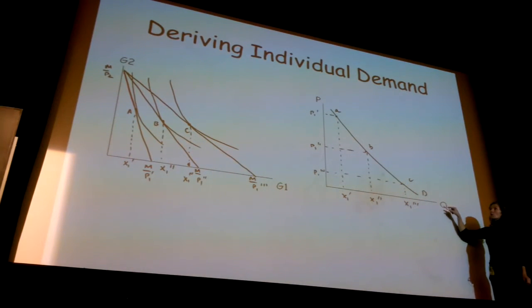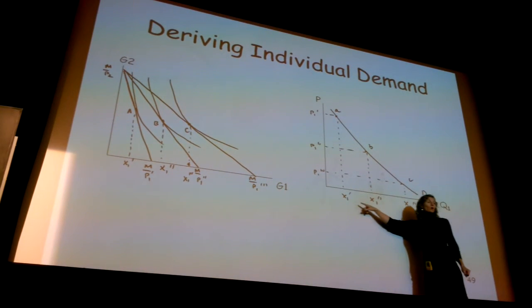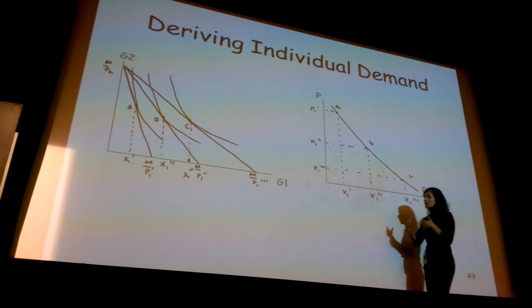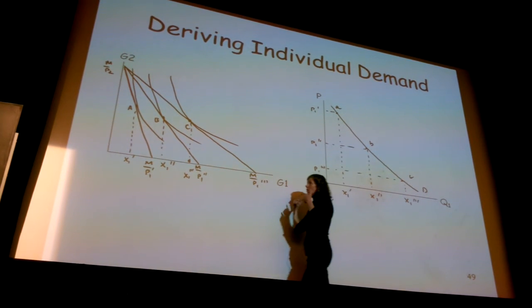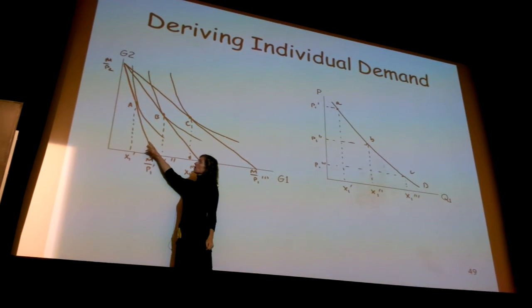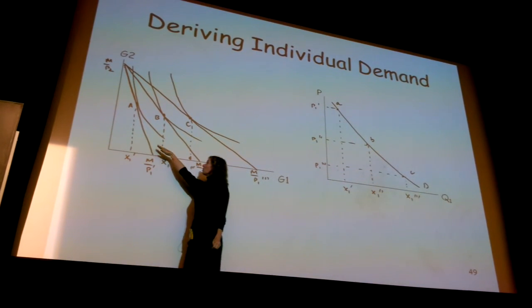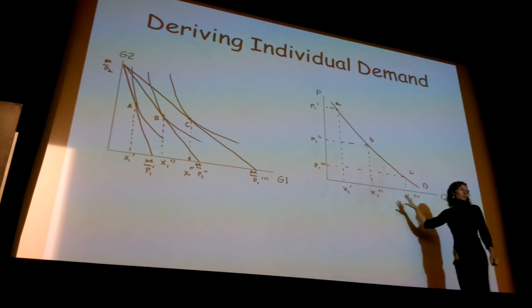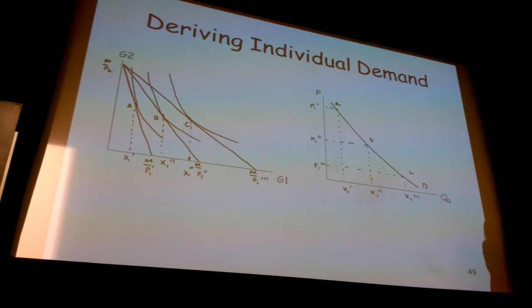This is the demand curve for one single individual. It tells you at different prices what quantity of good one they consume. You can think of this as coming from this model of individual decision making, where individuals are choosing their optimal consumption bundle based on their prices, and it maps over into this individual demand curve. Okay, so questions about this mapping so far?